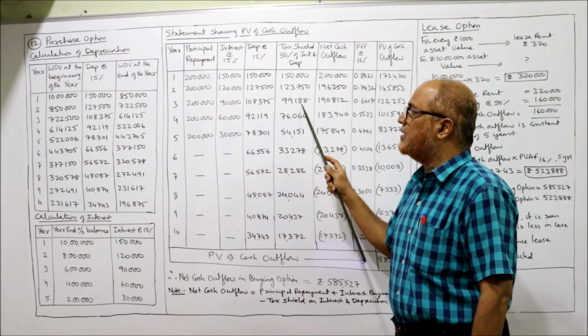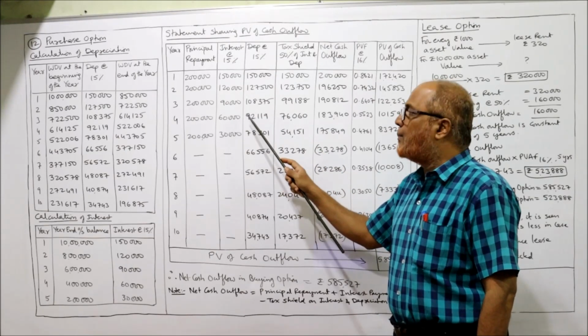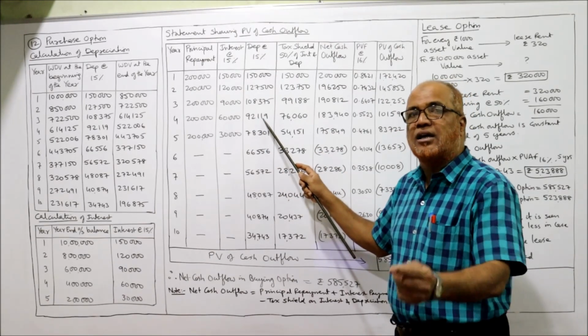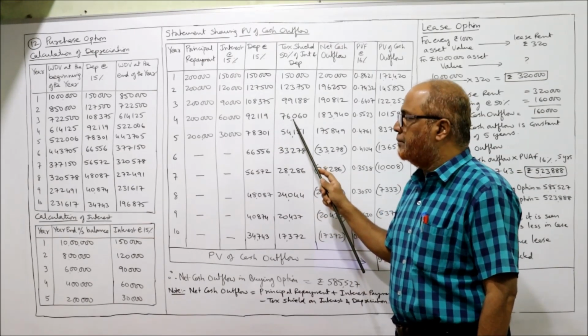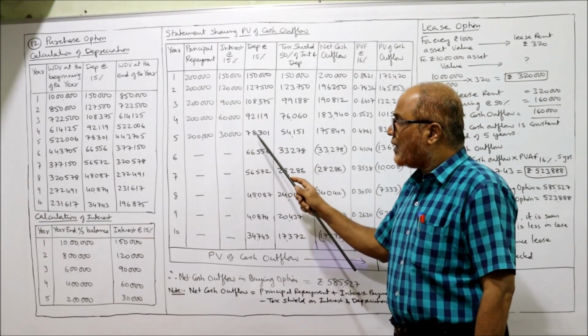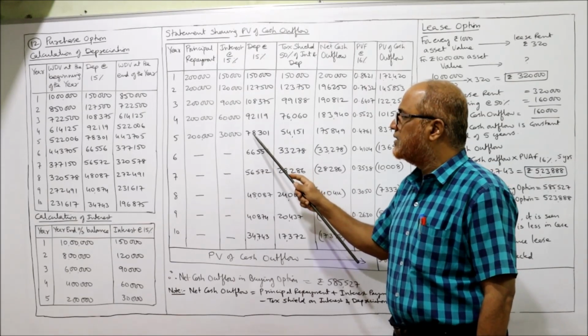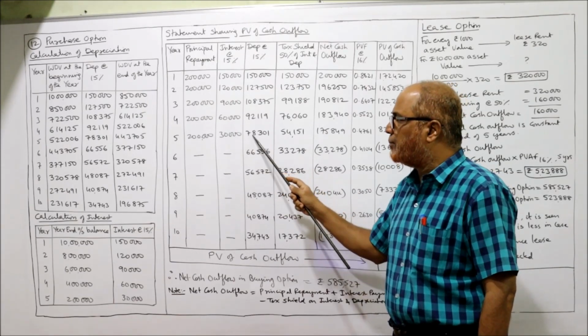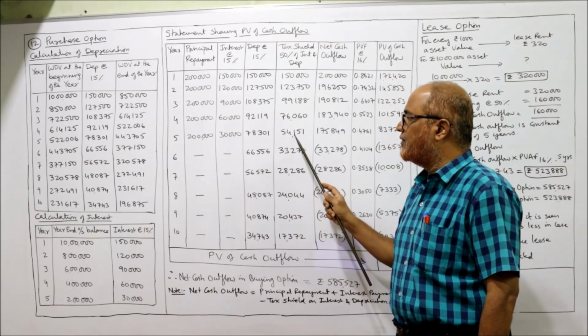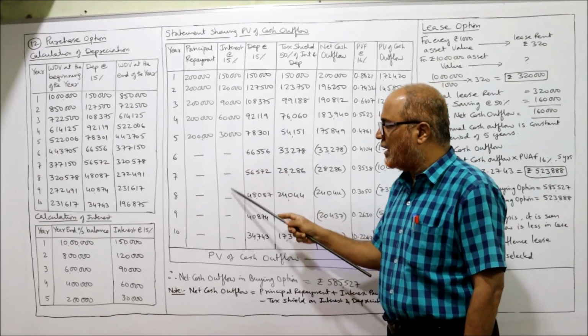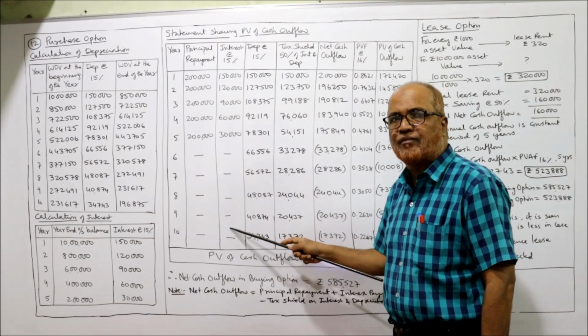You will get 99,188. 60,000 plus 92,119 into 50%. 30,000 plus 78,031, add up both into 50%. Now here we don't have any amount. No interest paid after 5 years.